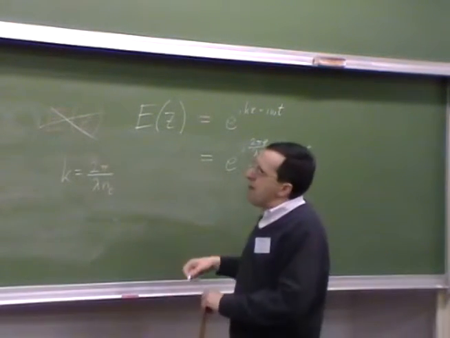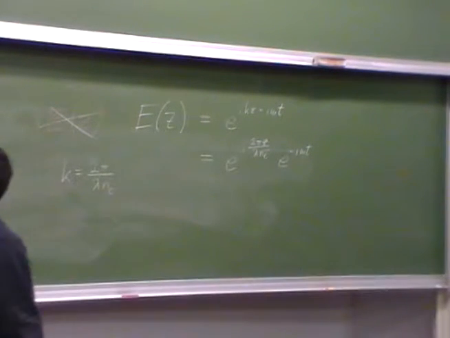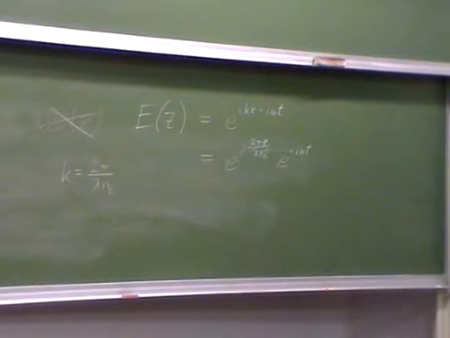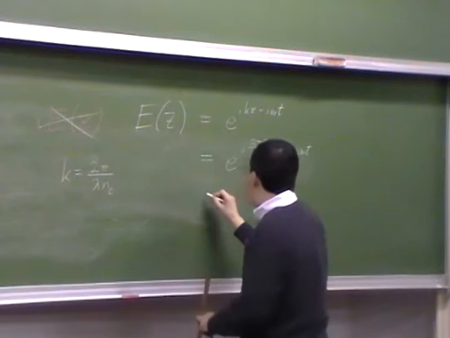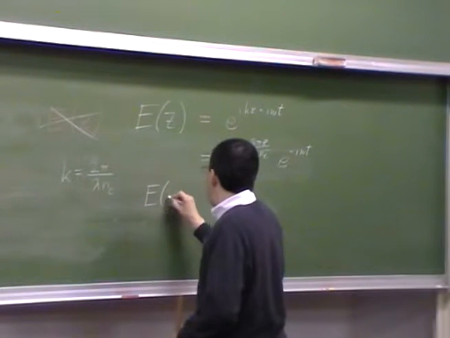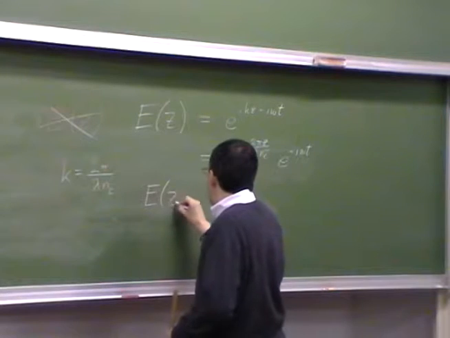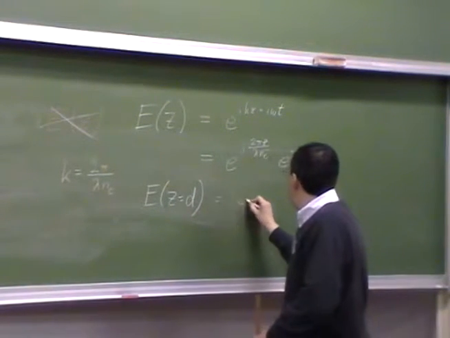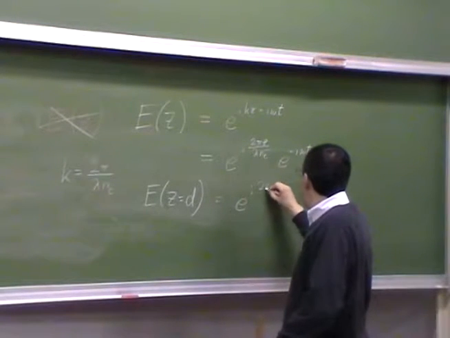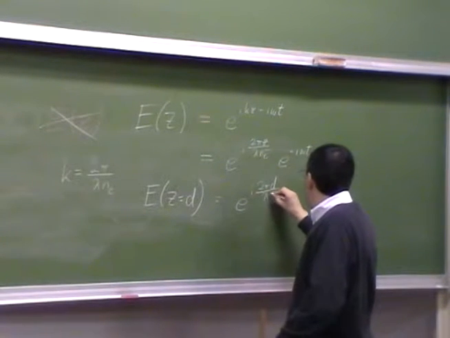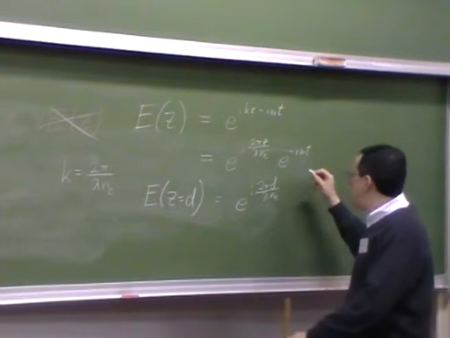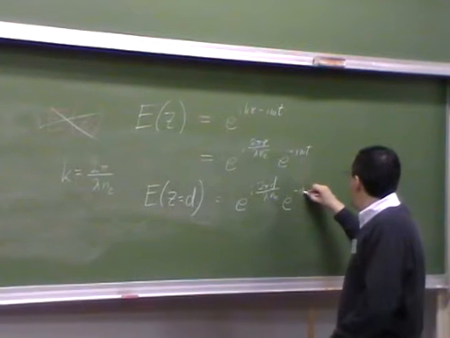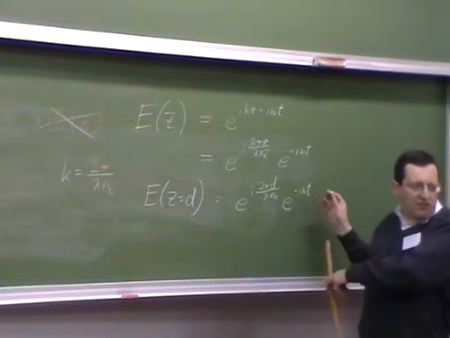Now I want to know the electric field as a function of height, z, going from the bottom to the top. When we get to the top, we have the electric field at z equals d, which is e to the i 2 pi d n_e over lambda times e to the minus i omega t.